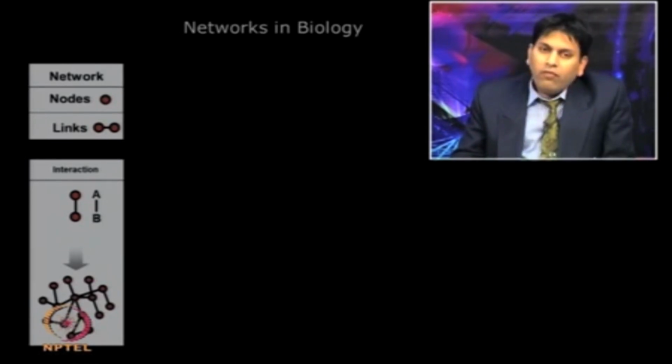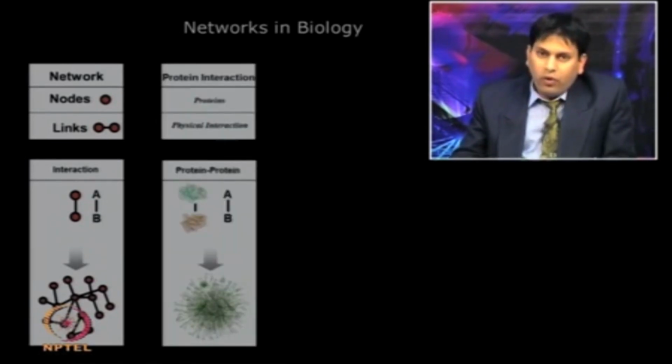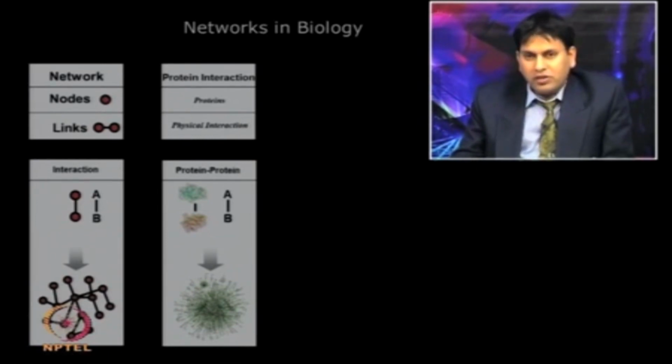Now, there are a number of ways you can talk about the nodes or the entities. One common form of representation are protein interaction networks, where the proteins form the nodes and the physical interaction between these proteins forms the edge, as you can see in the figure below. You can have a representation of these networks in a fashion that is shown in this figure below.